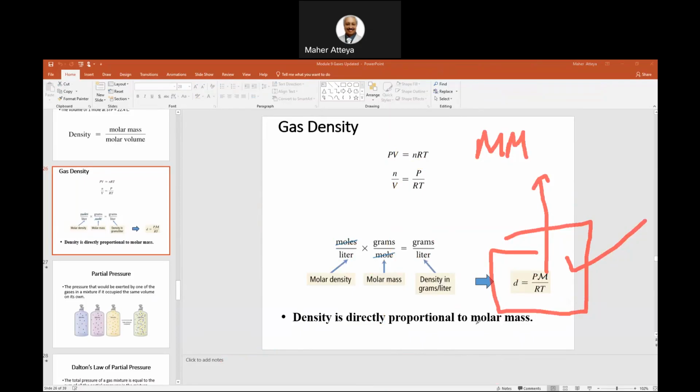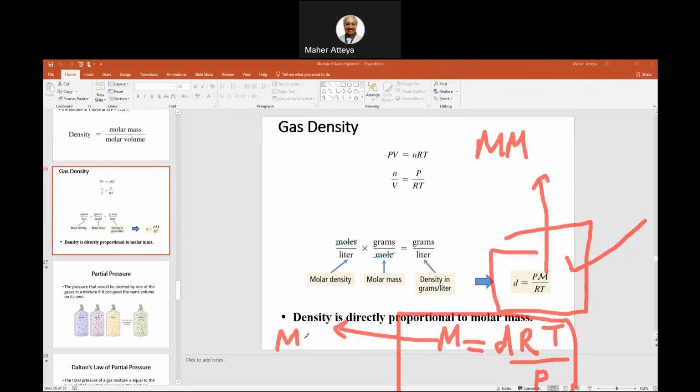If the density is known, you can write the molar mass: the molar mass is density times RT divided by pressure. So this is how to get the molar mass. This is another law. Just write it down on a piece of paper, it will help you visualize how to calculate this.